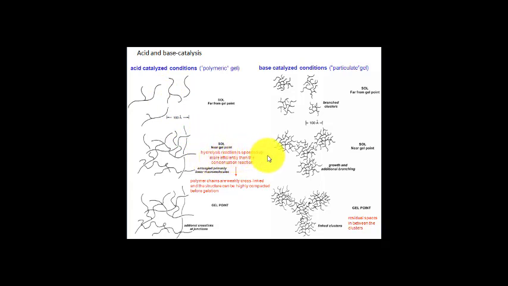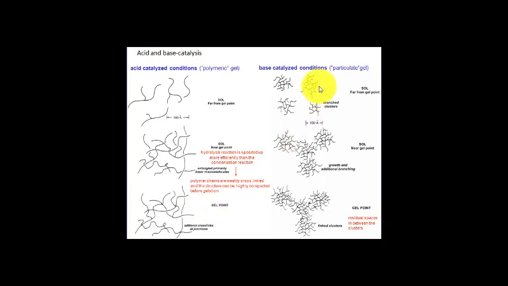Hydrolysis reaction is speeded up more efficiently than the condensation reaction. Polymer chains are weakly cross-linked and the structure can be highly compacted before gelation, and after that we get the gel point where the gel is formed.